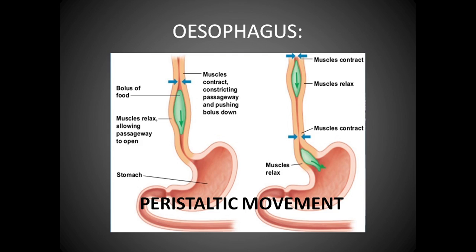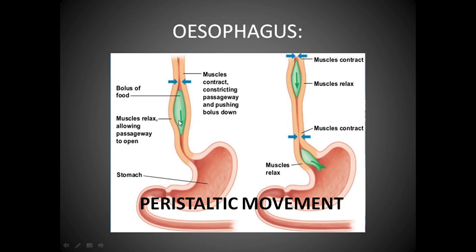Here you can see it is labeled that the muscle contracts, constricting the passageway and pushing the bolus down. Here the muscle is contracting, so the food has reached here. Then the muscle relaxes wherever the food is.